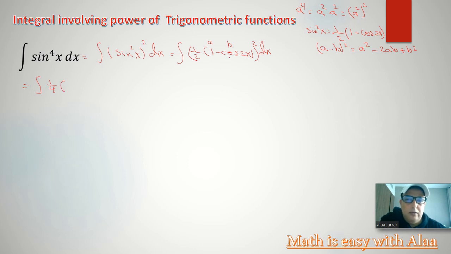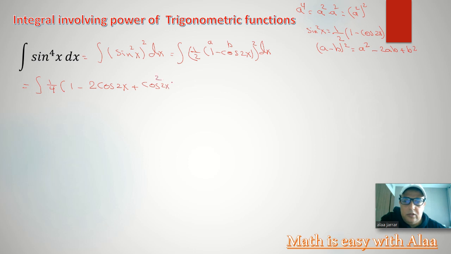Now 1 minus cosine 2x squared: it will be 1 squared, minus 2 times a times b, which means 2 times 1 times cosine 2x, so 2 cosine 2x, plus b squared, cosine squared 2x.